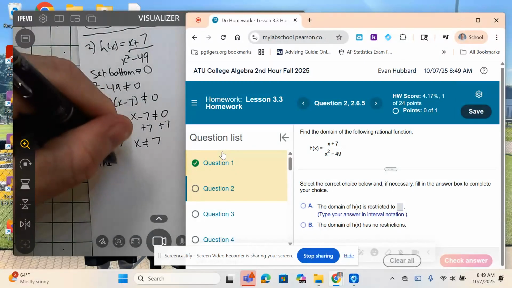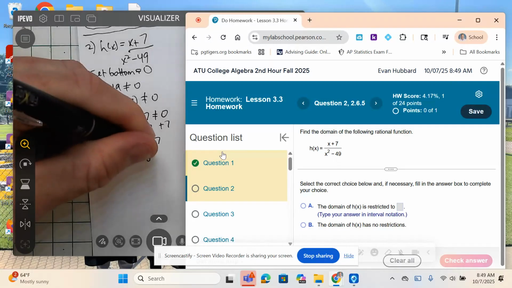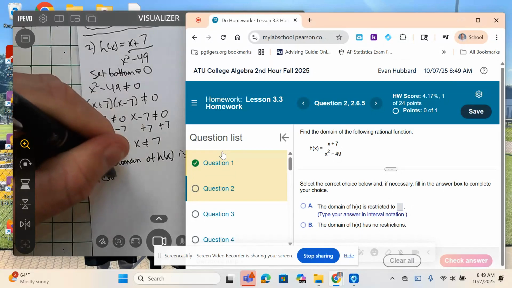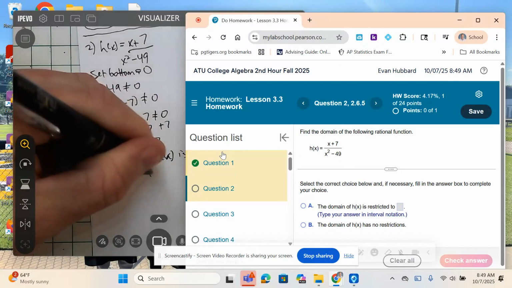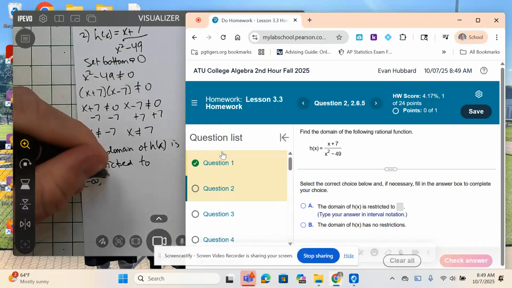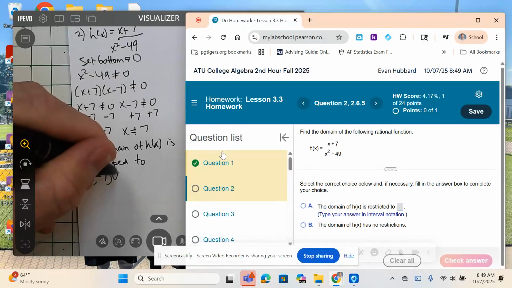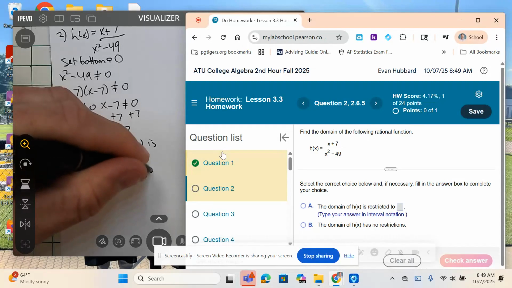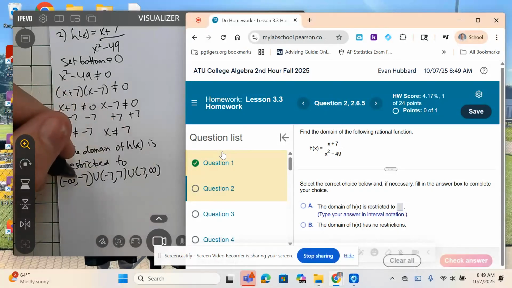So the domain of h of x is restricted, and on this one, it can't include negative 7. So you go negative infinity to negative 7, union from negative 7 to 7, union 7 to infinity. Okay, so it's restricted there.